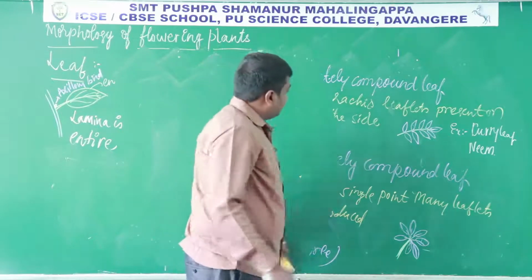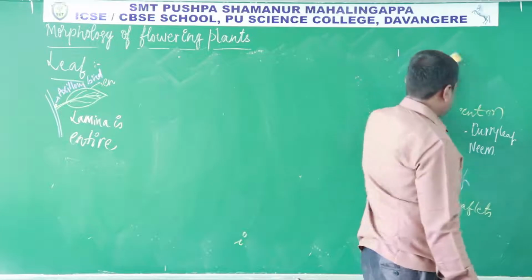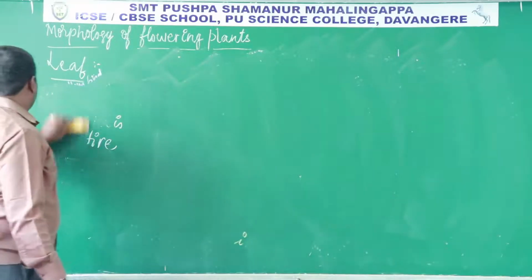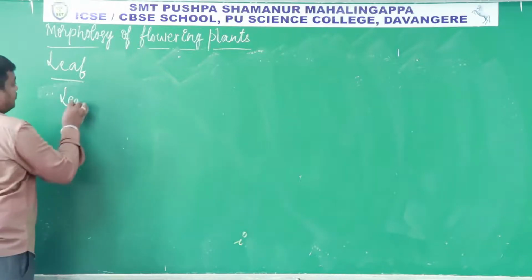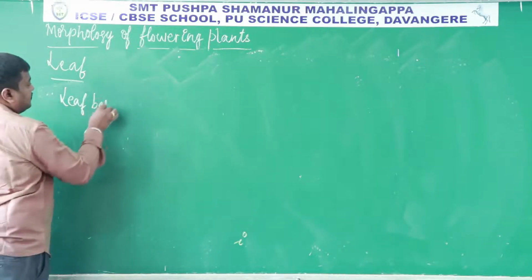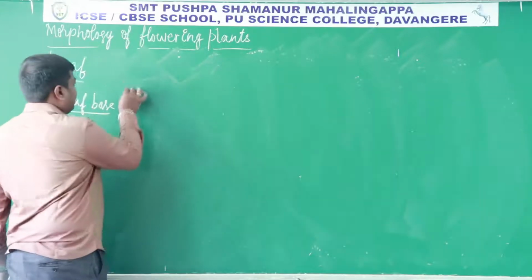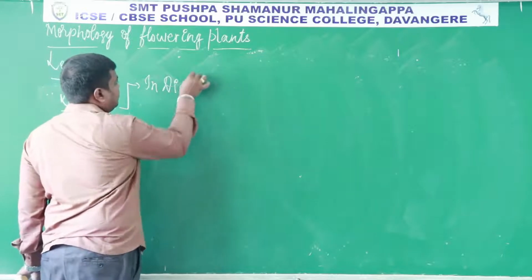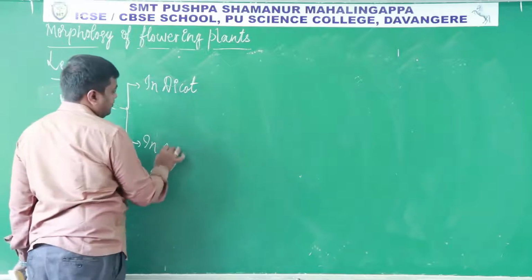Then come to leaf base. Okay, so there are a few types based on leaf base. Next is the leaf base. Leaf base in case of dicot and in monocot have different types.